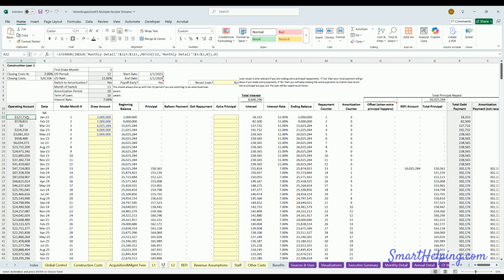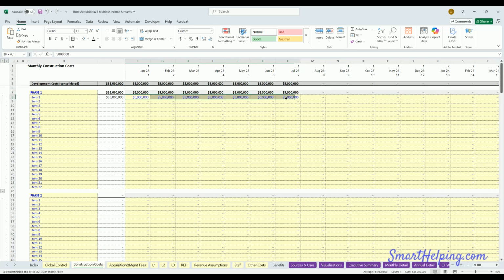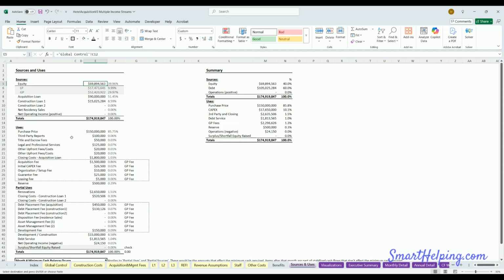If I go to L2, you can see here, we now have our loans here. So we only had to get a little bit more equity, and we did 26 million in debt to cover these construction costs that we just added in. So you can see in the model, you're always thinking about your sources and uses. And I'm going to get into that in depth.